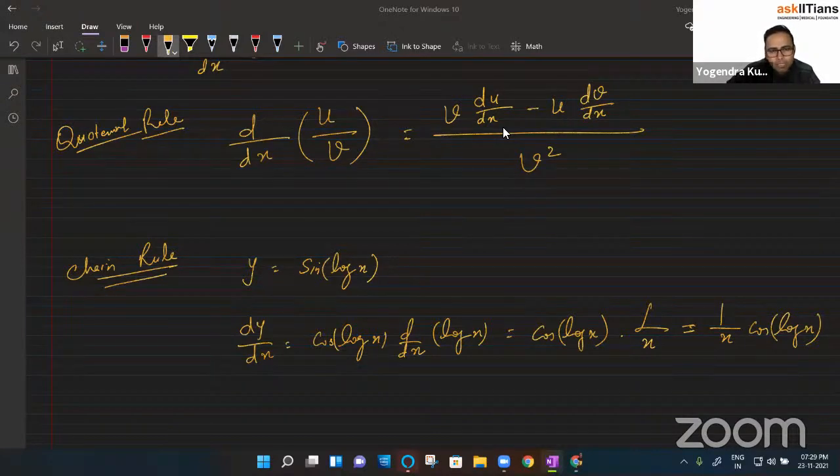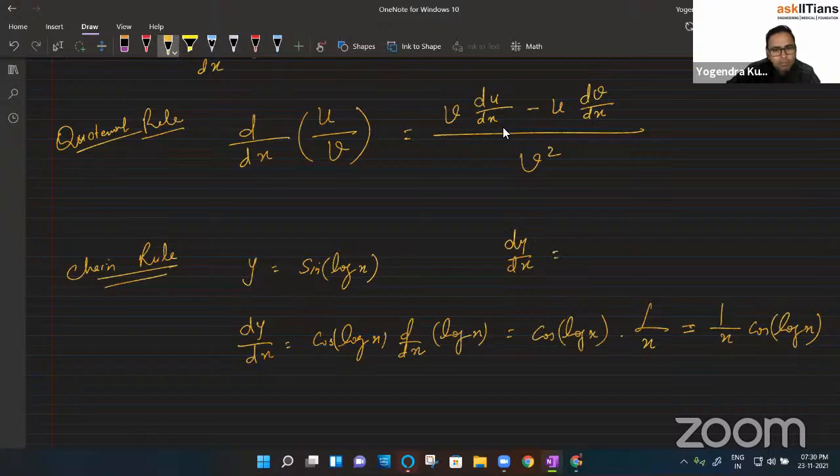What we are doing actually is assuming this as t, so the function is sine of t, whose derivative is cos t. But dt by dx we need to write further, since we were supposed to get dy by dx.